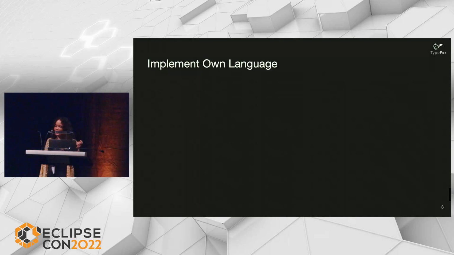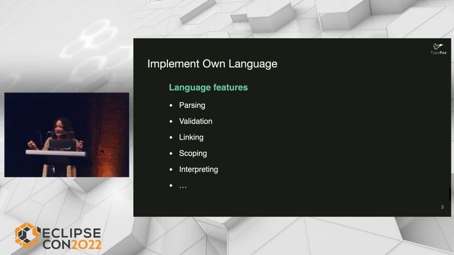First of all, you want to implement all language features for your language. So it includes parsing, validation, linking, scoping, interpreting, and many other language features. Another group of features is IDE features. When you have your own language, you want it to be comfortable to develop using your language.